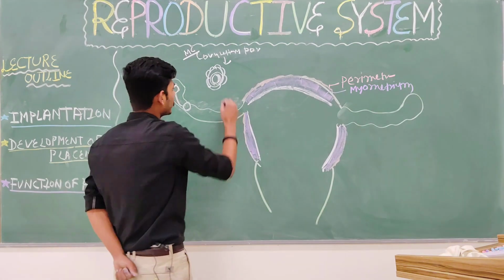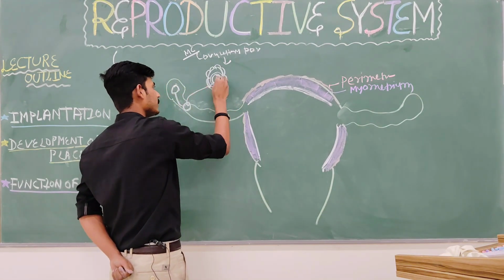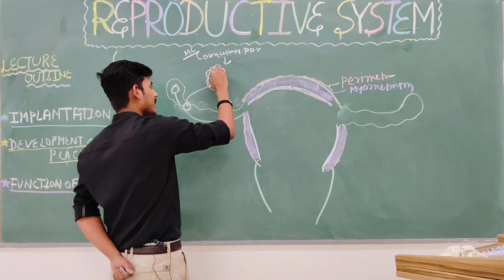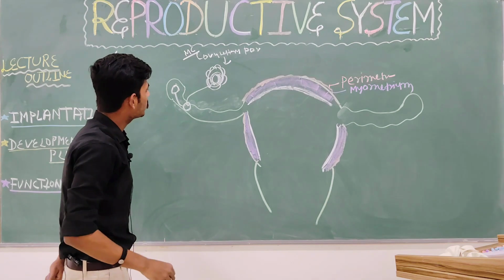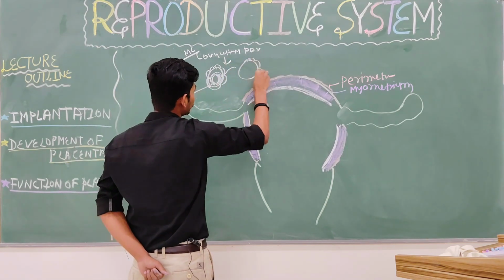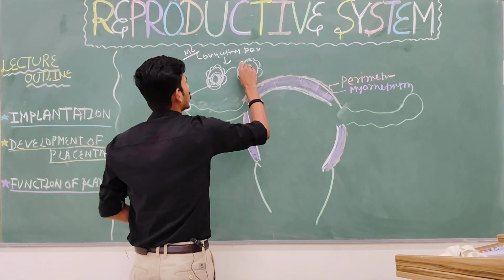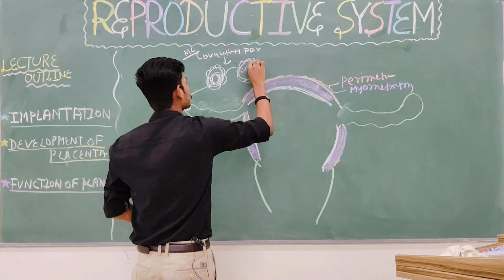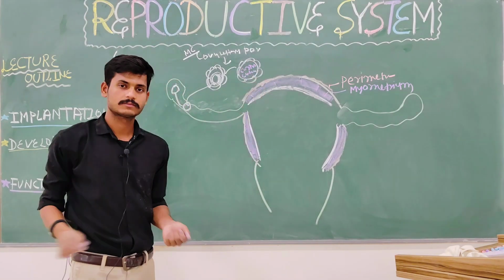Now what is happening? This egg will come out with the zona pellucida layer, and whatever structure is left, tell me, we refer to this structure as the corpus luteum. Are you recalling the name? Corpus luteum.